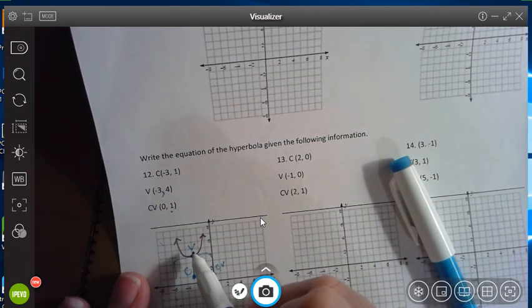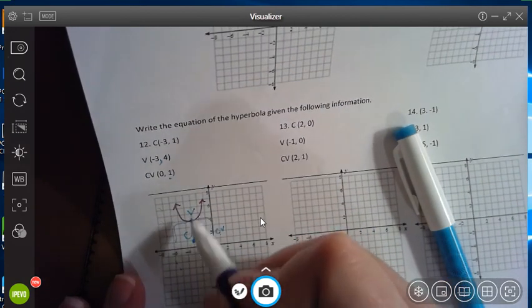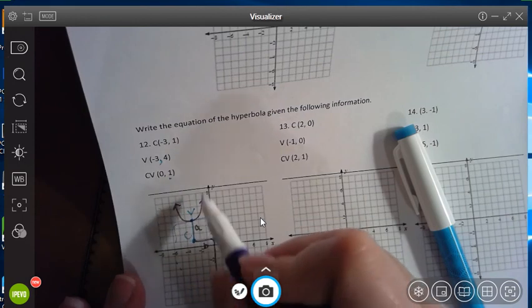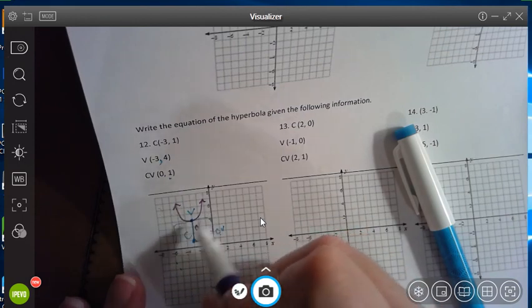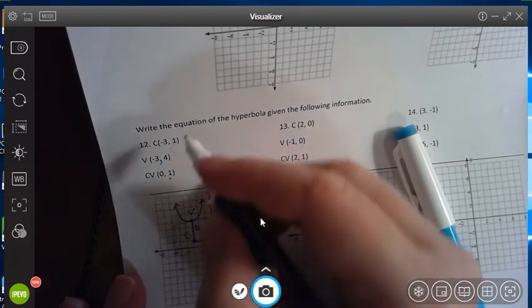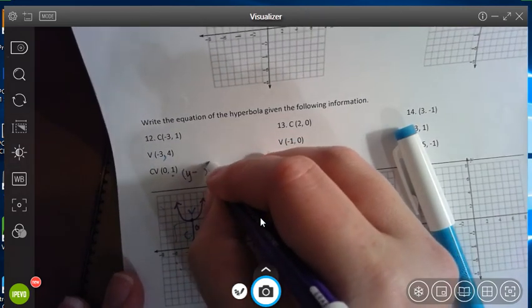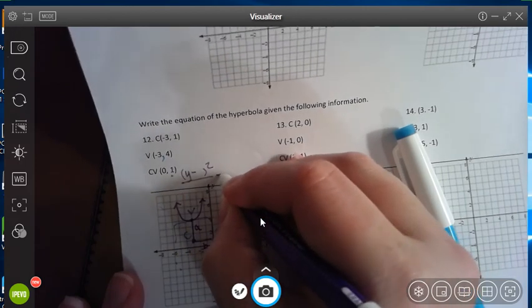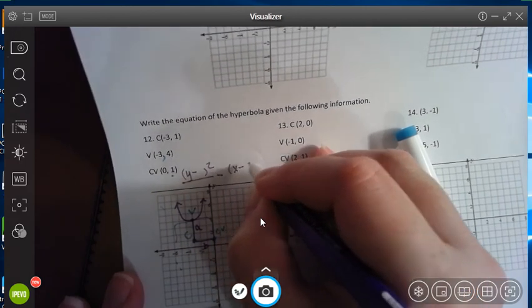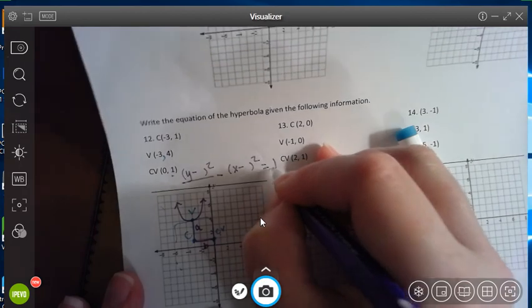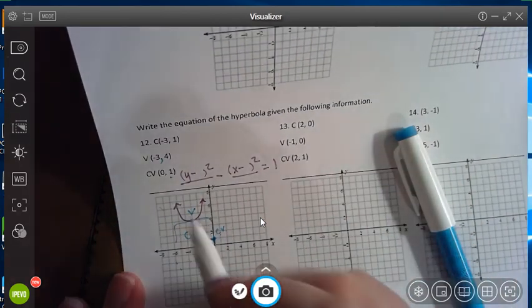Your vertex is going to tell you if it's the x or the y. Okay, if this is vertical, because it's going to be opening this way, then y has to come first. Y minus something squared over, minus x minus something squared over, equals 1.